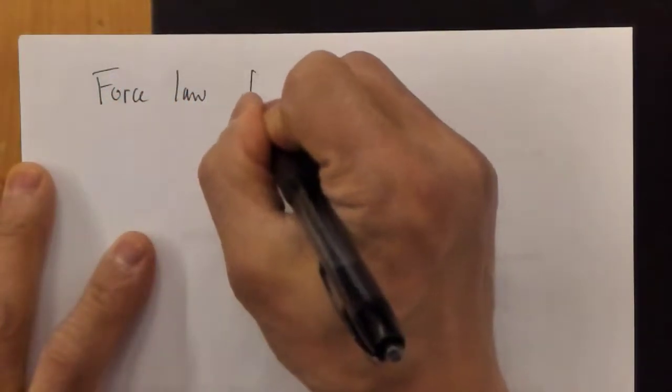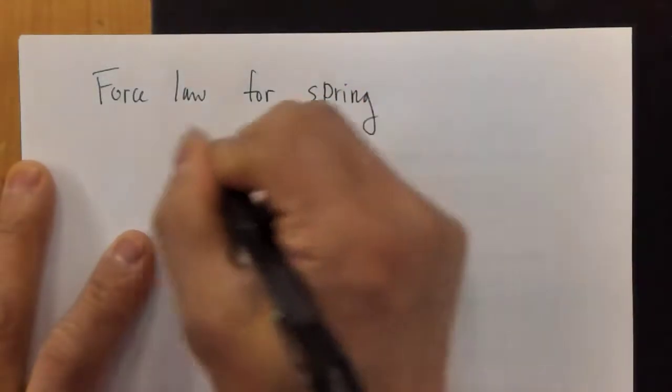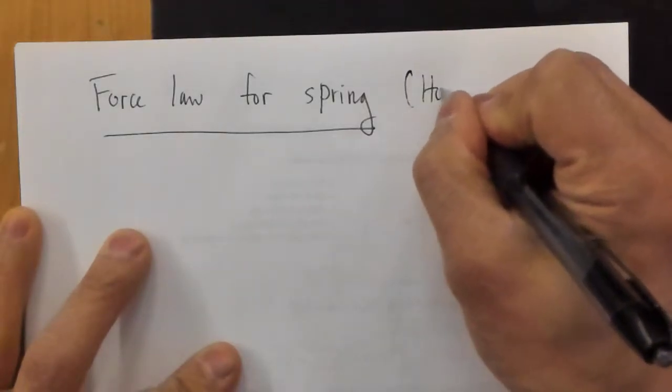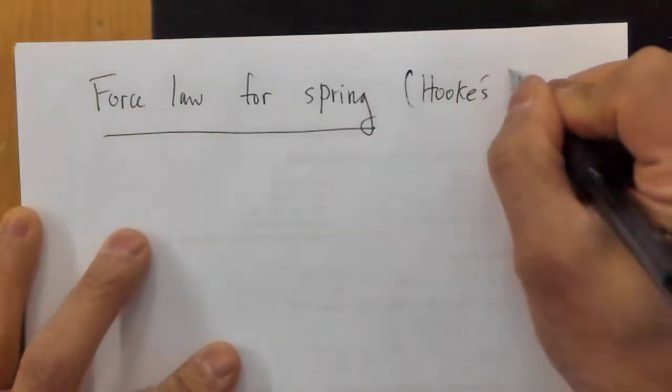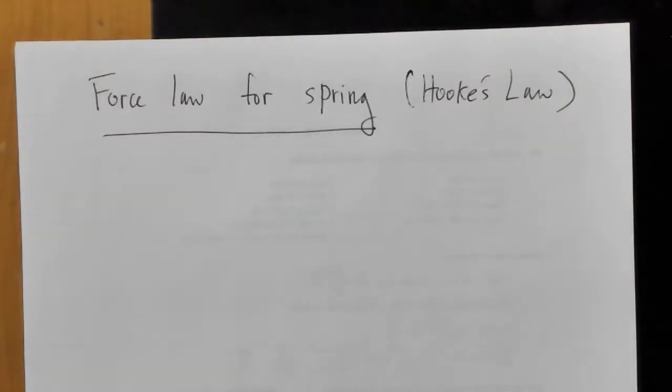So we're going to talk about the force law for a spring. So we're talking about an elastic spring. This is called Hooke's law, named after Hooke, who's a physicist a long time ago.